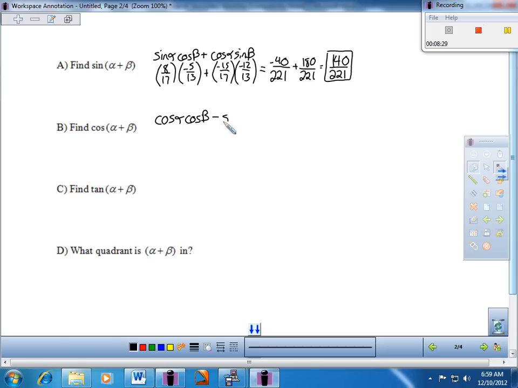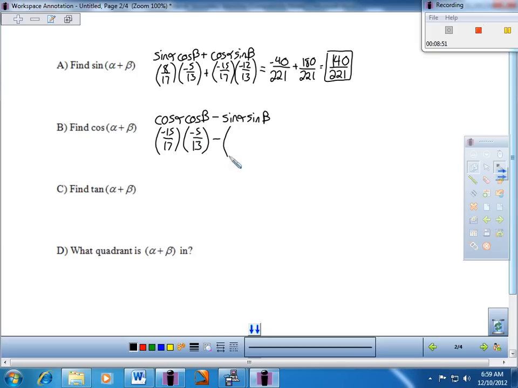Minus sine alpha and sine beta. All right, cosine, cosine, minus sine, sine. All the info is right up here. It's the same 4 numbers, just placed differently, of course. So I'm going to run with it up here, negative 15/17. And then let's see, cosine beta, negative 5/13.